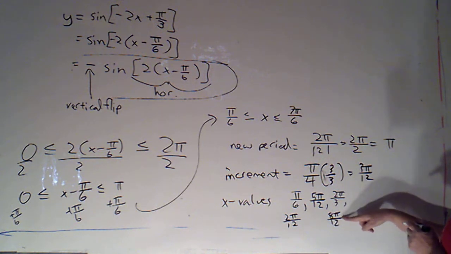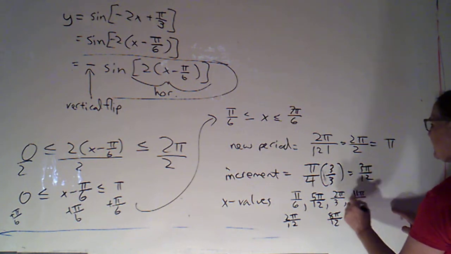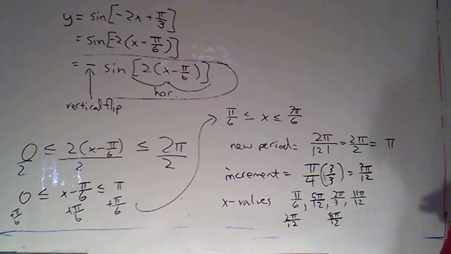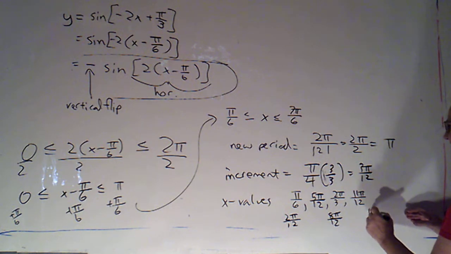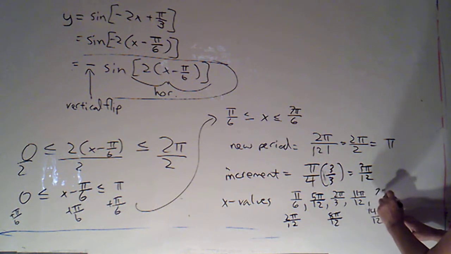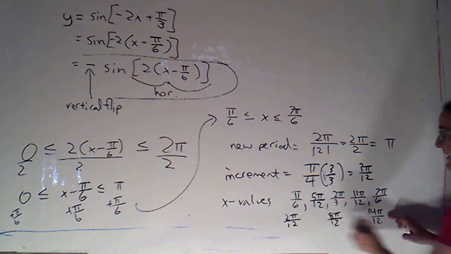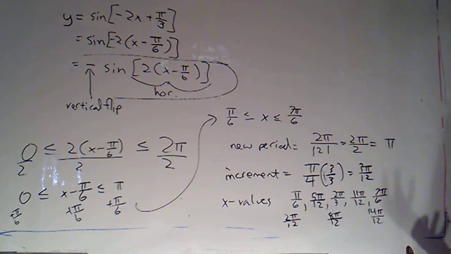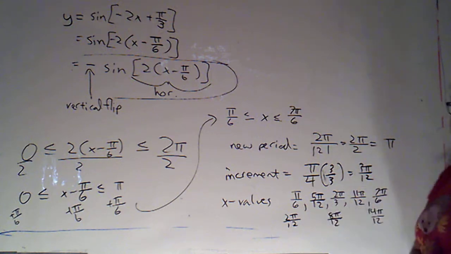Okay. 8 pi over 12 plus 3 pi over 12 is 11 pi over 12, which does not reduce. 11 pi over 12 plus 3 pi over 12 is 14 pi over 12, which will reduce to 7 pi over 6. Okay, so writing the fractions not in lowest terms as well as in reduced form can make finding the x values a lot simpler.